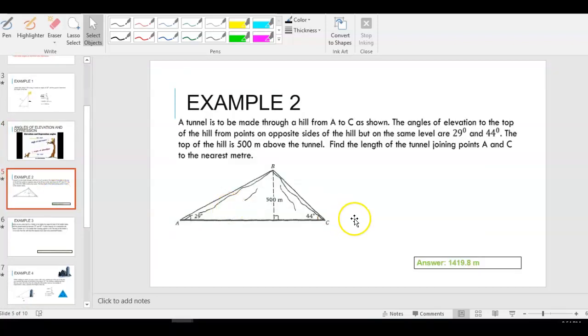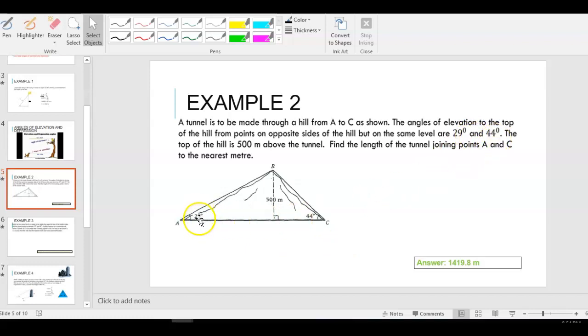Let's look at example 2 here. A tunnel is to be made through a hill from A to C as shown here. The angles of elevation to the top of the hill from points on opposite sides of the hill, but on the same level, so A and C are on the same level, are 29 and 44 degrees.